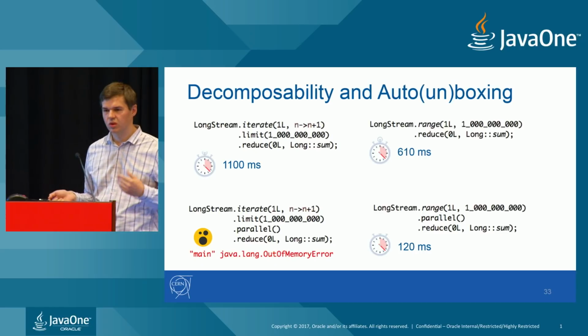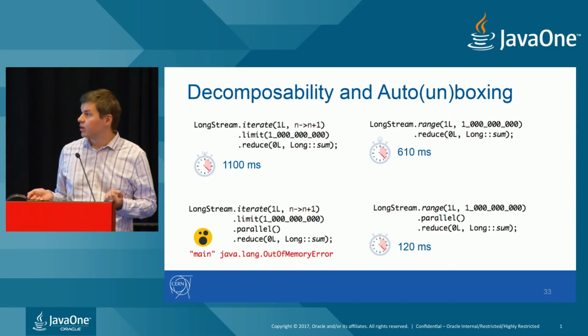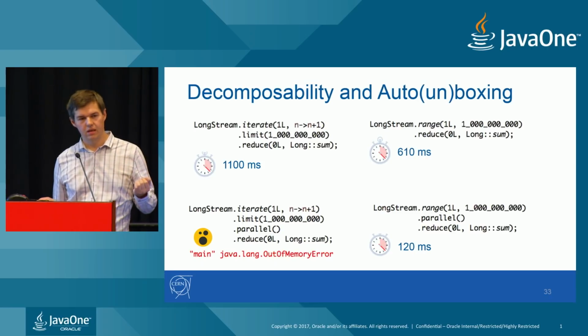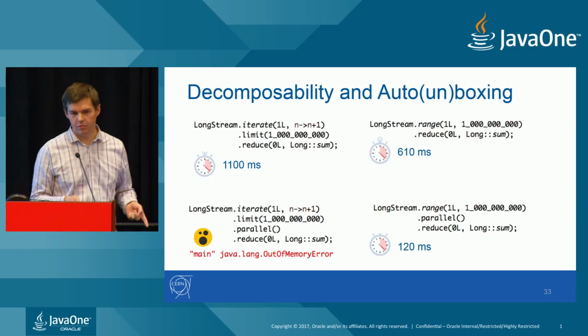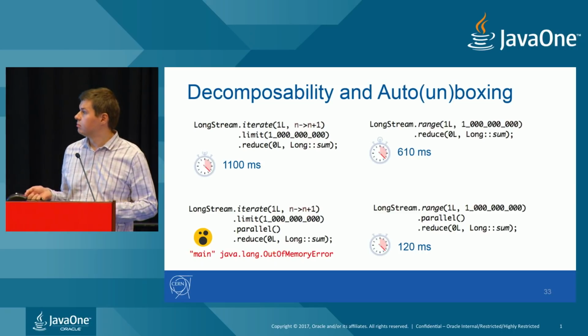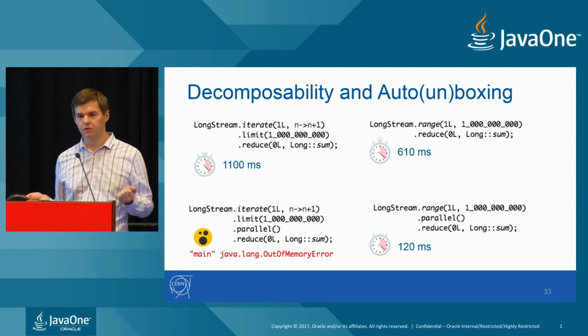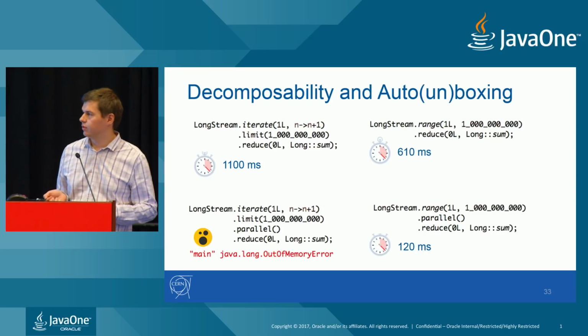The range shouldn't give me any benefits. Well, it does, because the iterate method returns boxed objects. So you have 1 billion objects that you need to box and unbox. Not doing that improves the performance by twice.